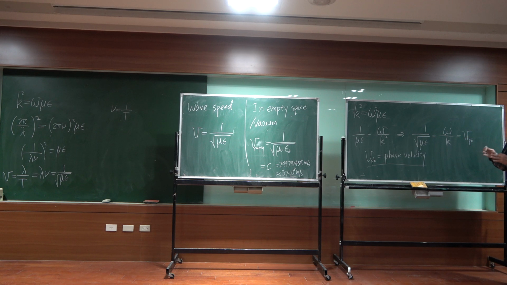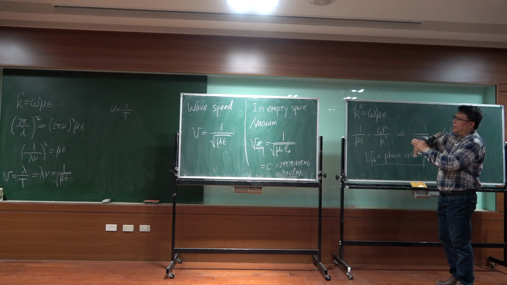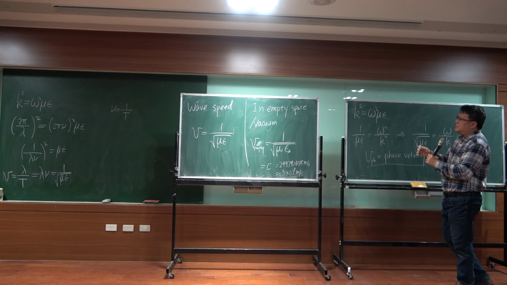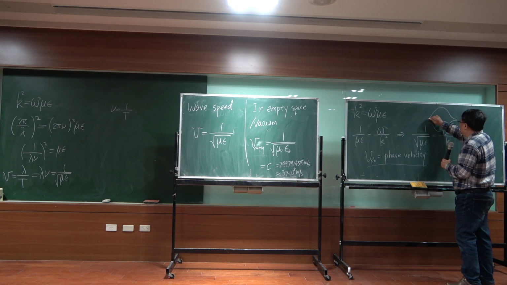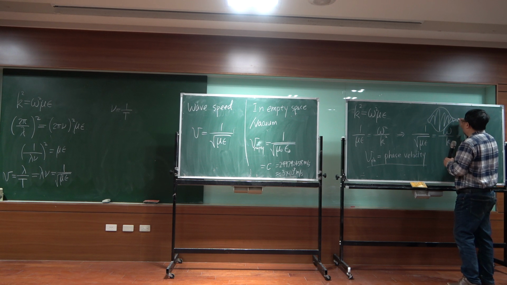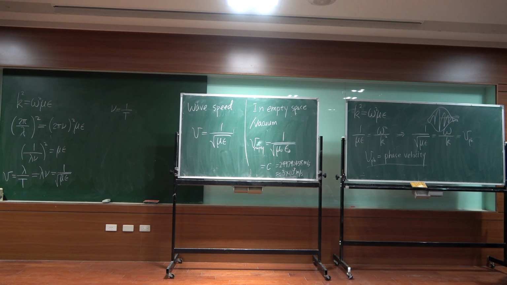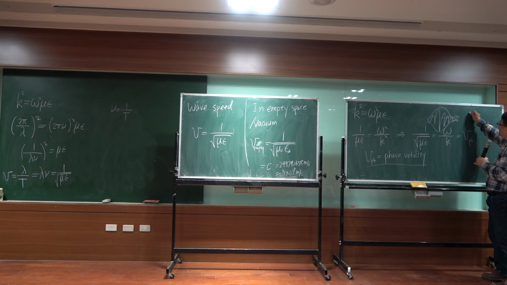However, there is another kind of important velocity. If we add many monochromatic waves to form a wave packet, then the center of the wave packet propagates with some velocity. This velocity is called group velocity, Vg.